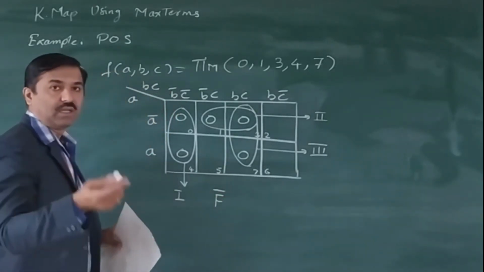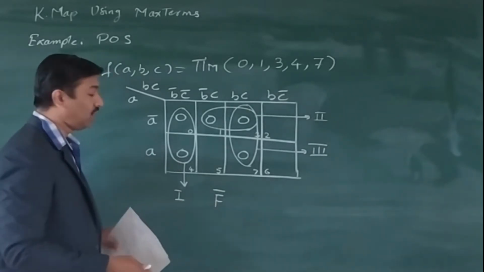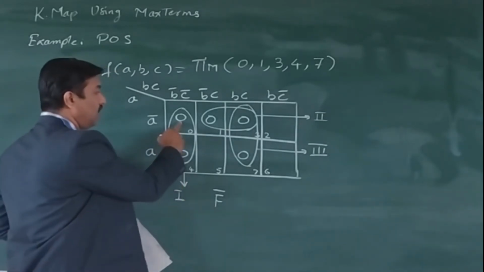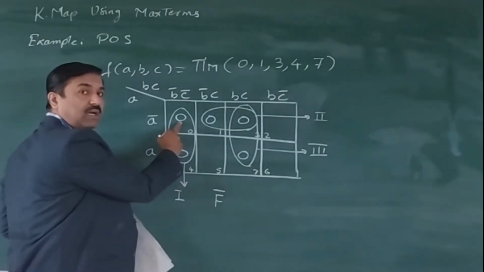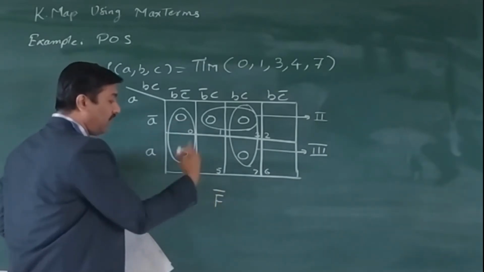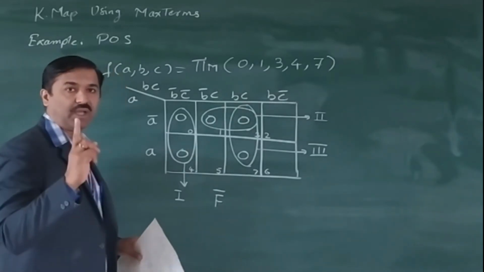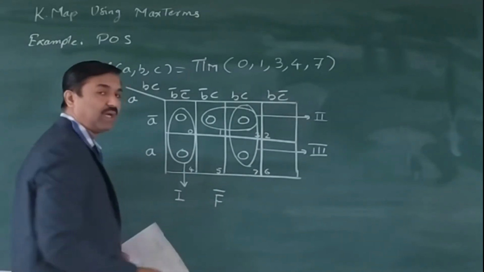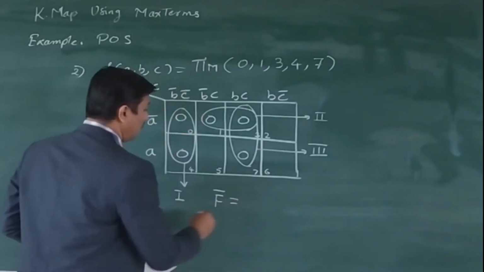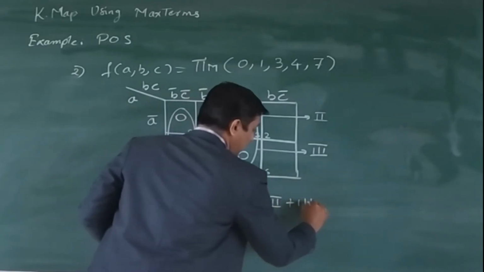In the sum of product form we take it as F, but in the product of sum form we are taking it as F bar. The reason is that here we are using zeros as max terms, whereas min terms are represented by 1. So here we are representing the function F as F bar, 1 plus 2 plus 3.